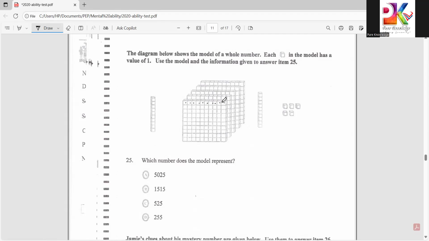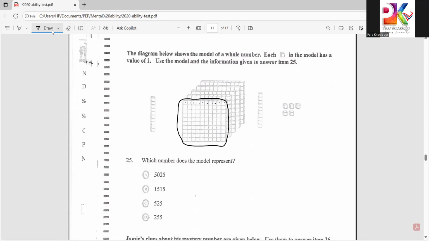So it's 10 of these, and that means this will be 10, 20, 30, 40, 50, 60, 70, 80, 90, 100. So each of these, if 10 across, they're going to count it down. So that means one of these here would be 100. And how much of these we have? We have one of them, two of them.